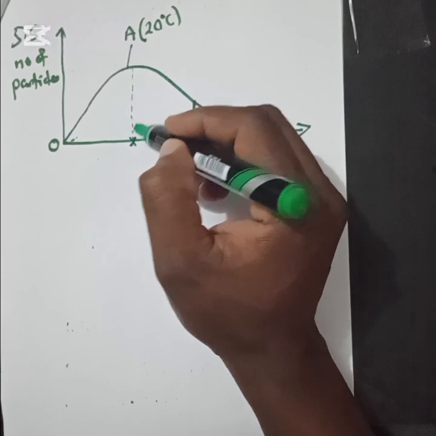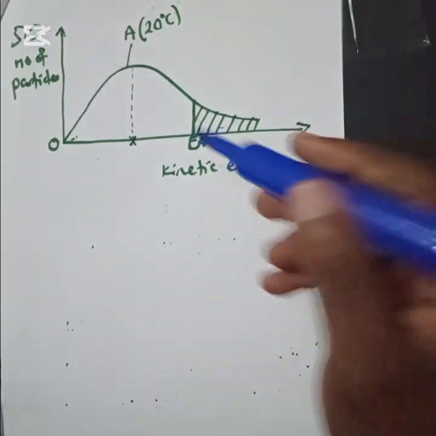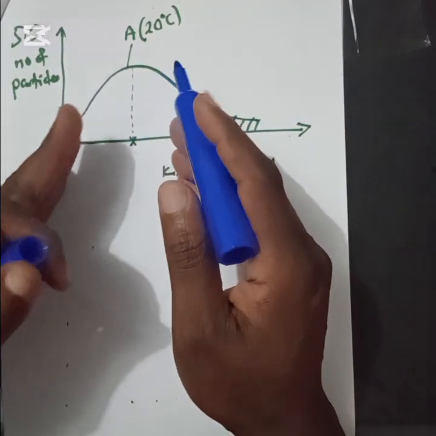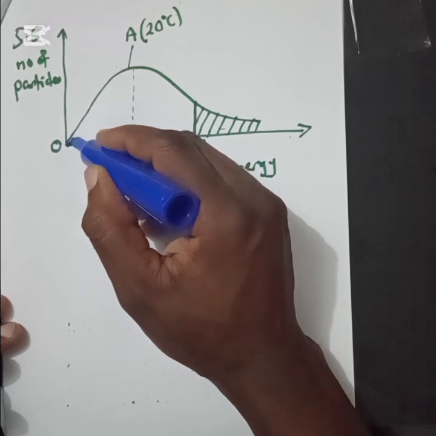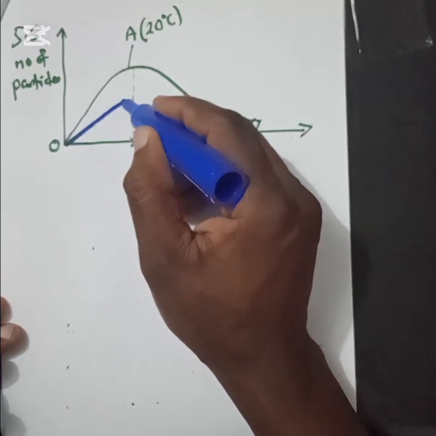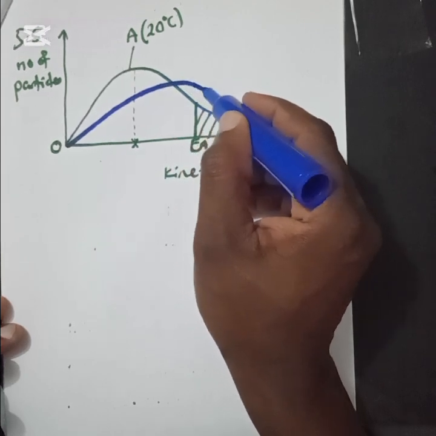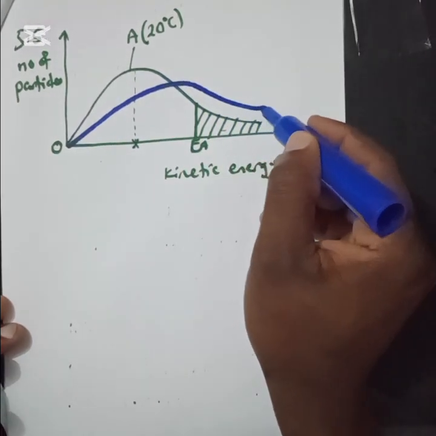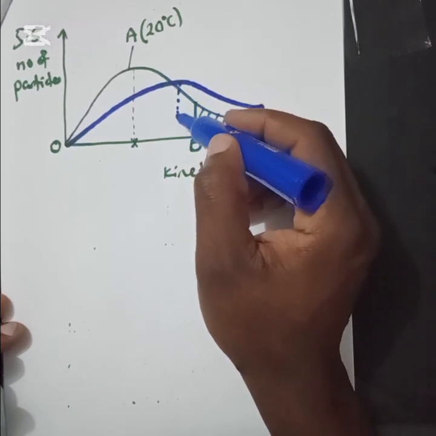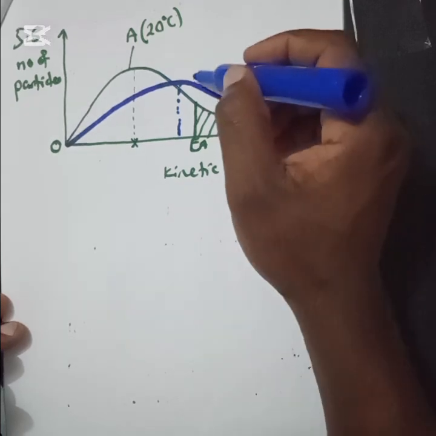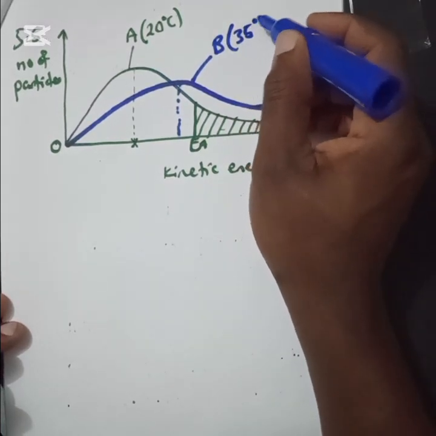Increasing temperature will make the graph become skewed to the right. So we are going to have this graph a bit lower than that of 20 degrees Celsius, but on this side it will now be higher. The turning point here is somewhere at this point. You can see that at a higher temperature, this is now B, 35 degrees Celsius.